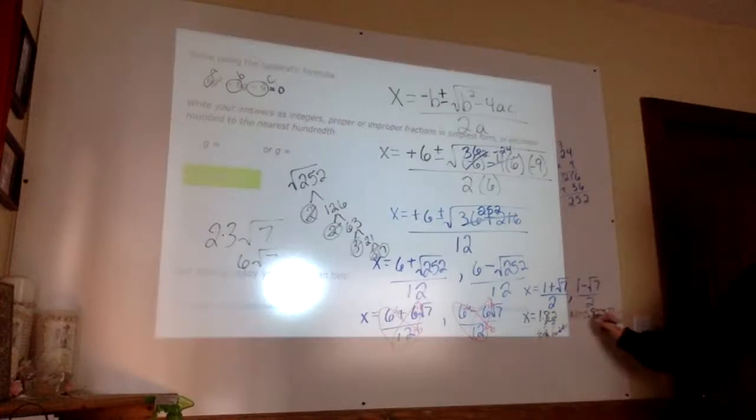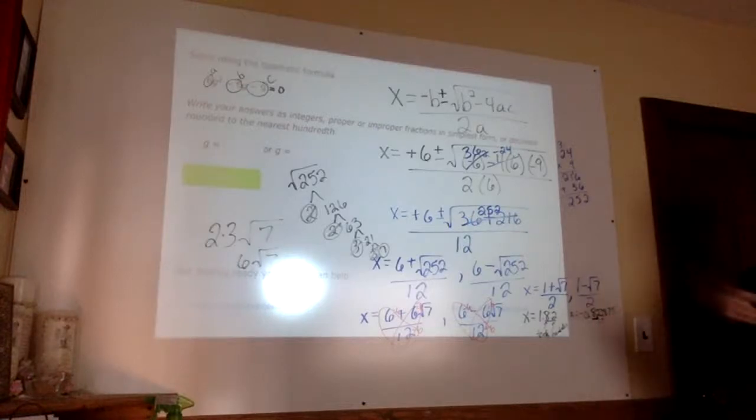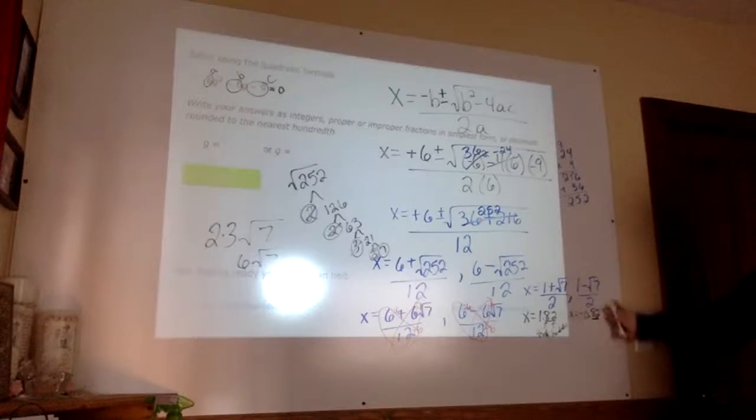We want just the 2 decimal places for the hundredths, and you look to the right, and to the right is a 2, so it's less than 5. So we're just going to drop the numbers, and it does not go up. So it's just 0.82. So a negative 0.82. Those are our 2 answers.